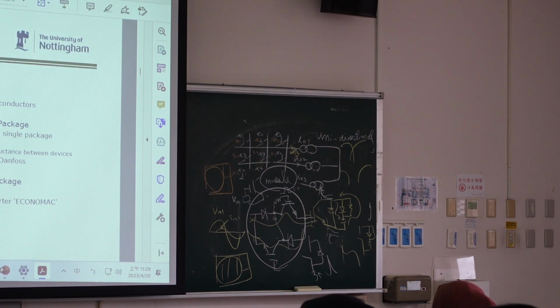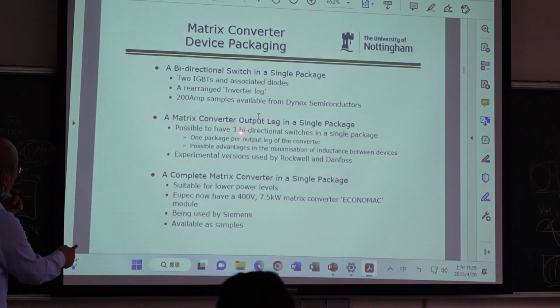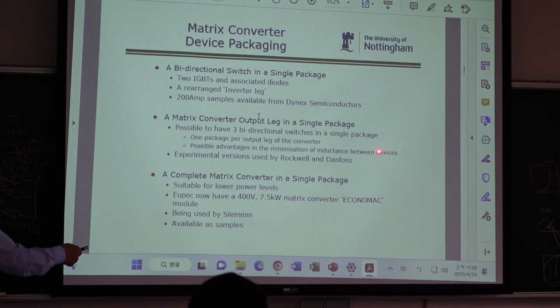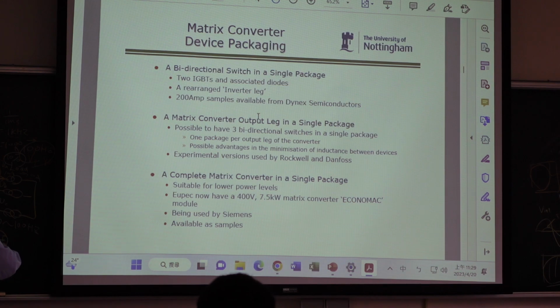So here is one module, 3 AC switches in one package, a matrix output leg in one package. So it includes 3 AC switches, which means 6 IGBTs.